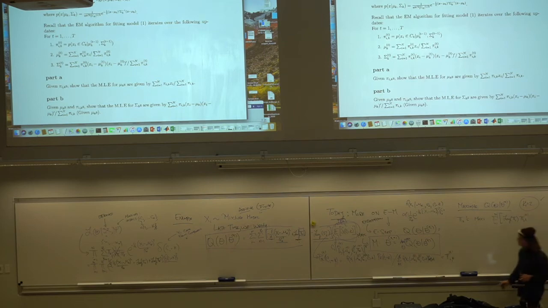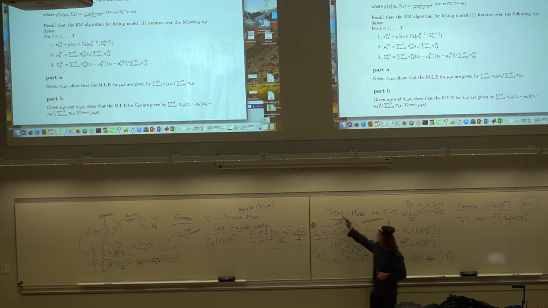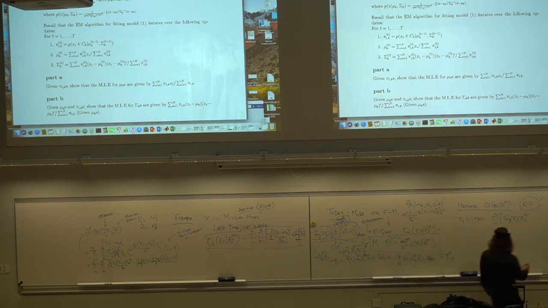So that's this thing right here. I'm taking that and multiplying it in, getting rid of all my other terms, plus log pi 2 times pi I 2, the kth iteration. So I'm going to maximize this thing.